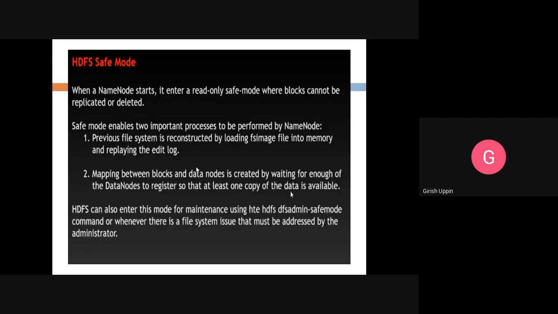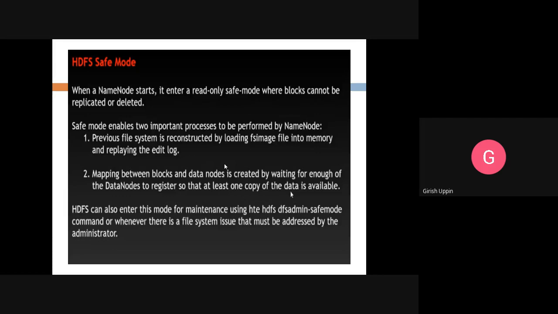The first important task is reconstructing the file system image, whatever the state of the name node was in the earlier instance, before it got stopped. That must be reconstructed before doing any other kind of work.